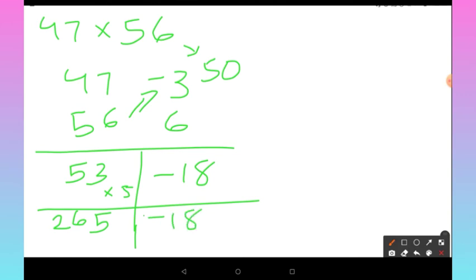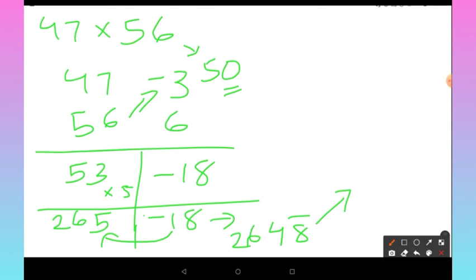Here you have 2 digits, and our 50 contains only one 0. So we can retain 8 here, but you have to carry forward this 1, which is minus 1. So you will get 5 minus 1 is 4, then 6 2, and then 8 with a bar: 2 6 4 8 bar. Now you have to remove the bar.